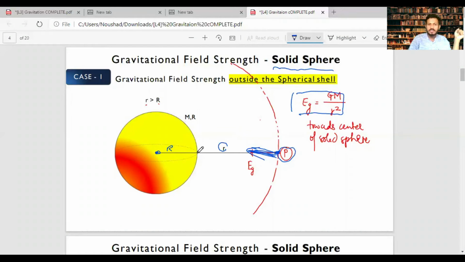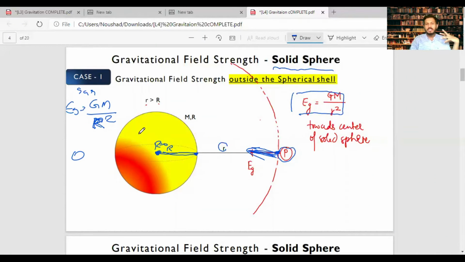At the surface, Eg equal to GM by R square, where capital R is the radius. Next, at the center of the solid sphere, what is the gravitational field strength? It is 0, because at the center r is 0.